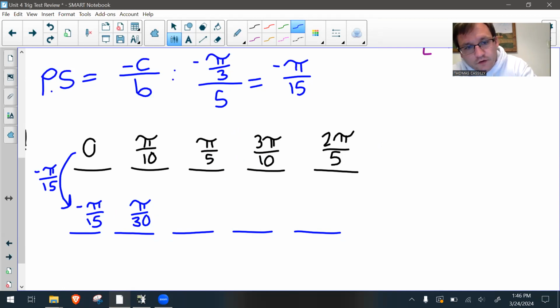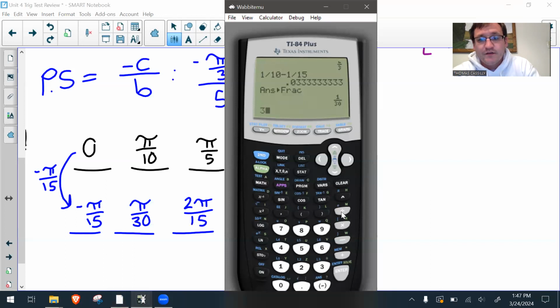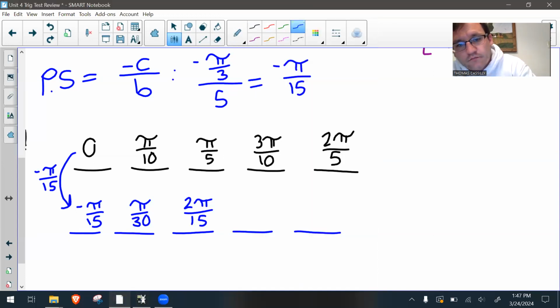Pi over 5 minus pi over 15. That one gives us 2 pi over 15. The next one, 3 pi over 10. I can't do that one in my head. So we have 3/10 minus 1/15. That's going to give us 7 pi over 30. And then the last one, 2 pi over 5 minus 1/15.